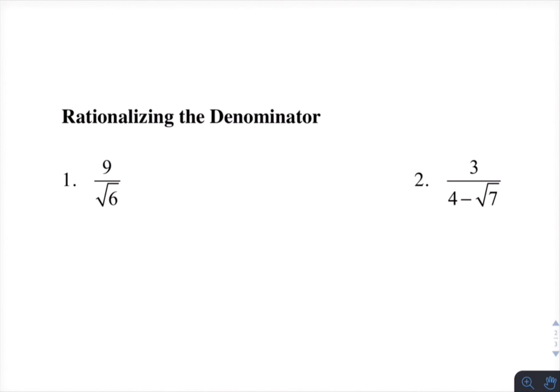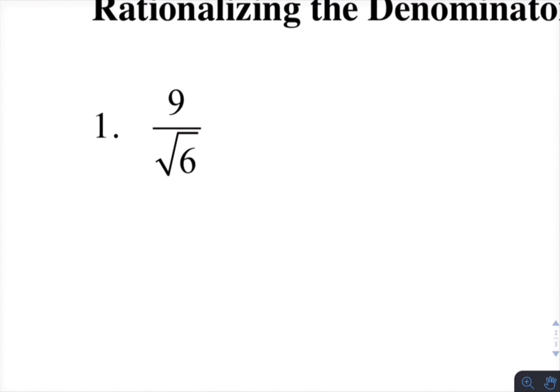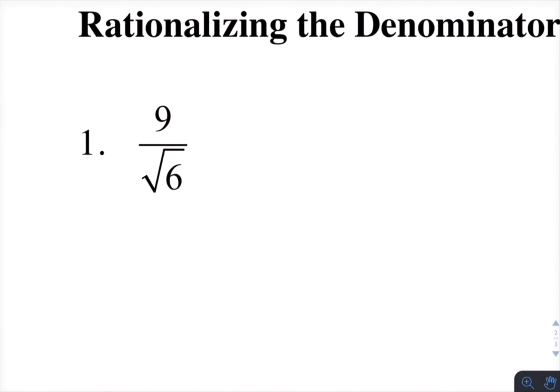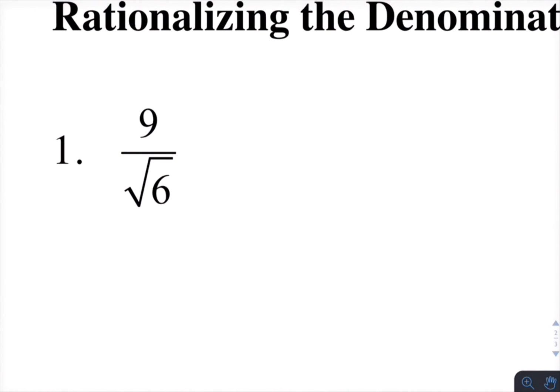Rationalizing the denominator. Now, if you recall, root 6 is an irrational number. And what happens is there's a standard that basically says a fraction is not simplified if the denominator is irrational. So we have to try to make it rational. And the way we do that is we multiply the fraction by 1, but it's a cleverly chosen 1, essentially root 6 over root 6.